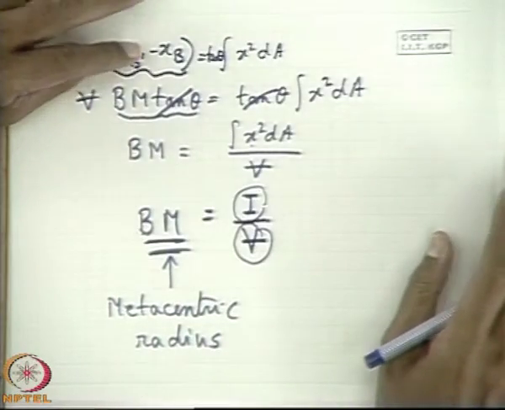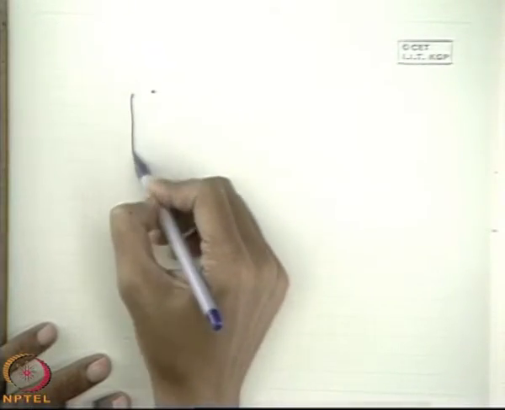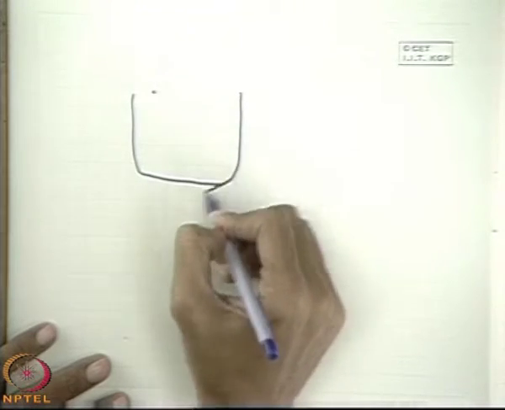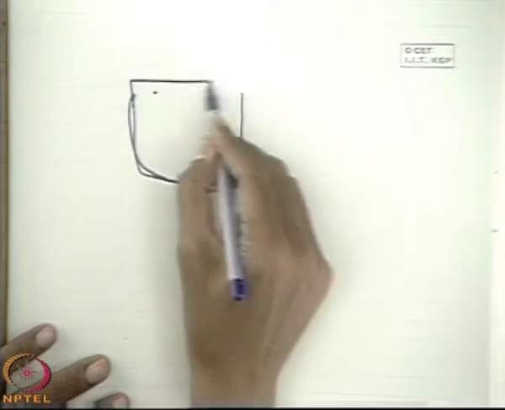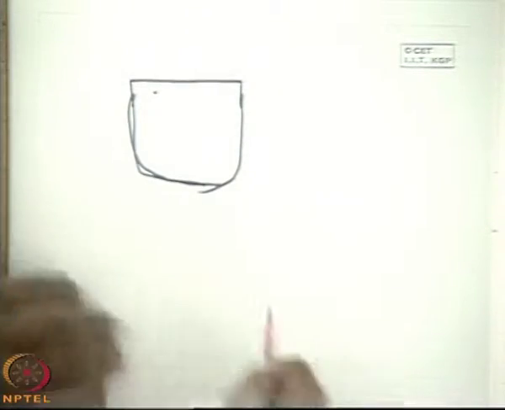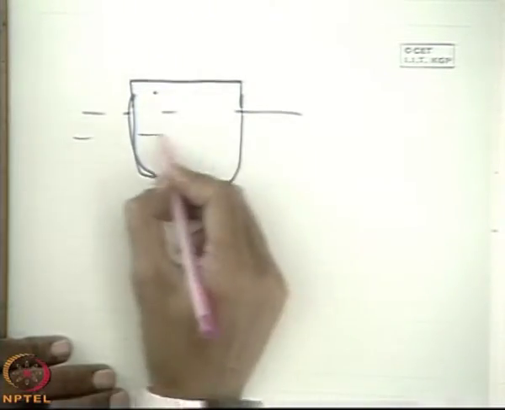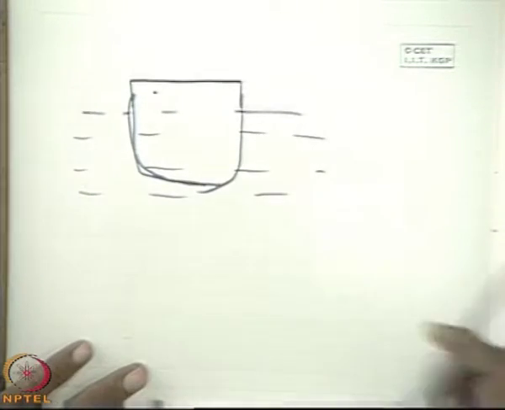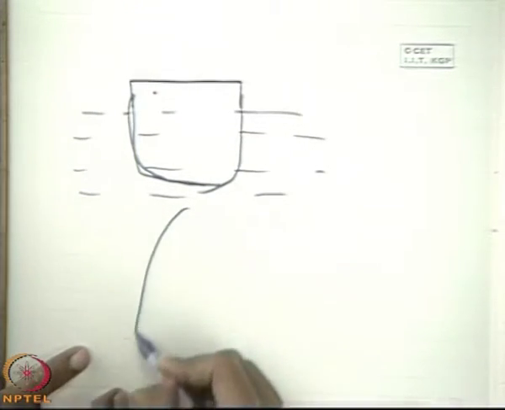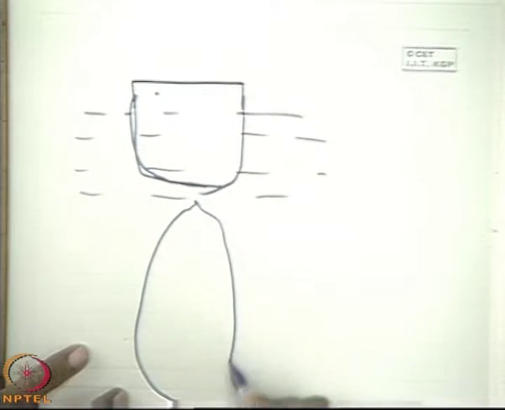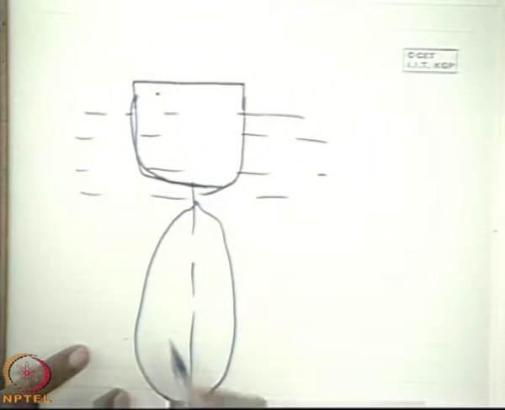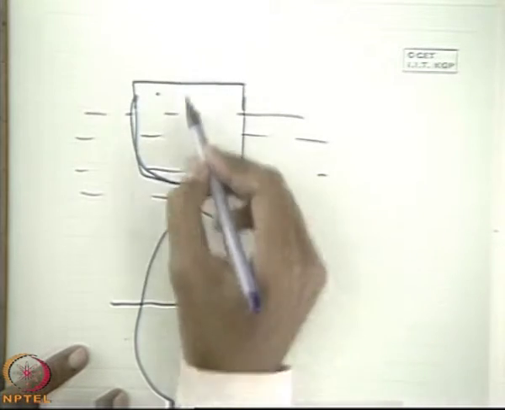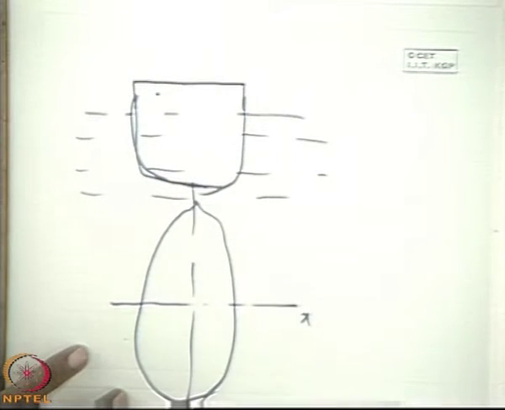Now you see, in case of a ship, if you see the structure of a ship, this is the elevation. If you see its plan, the structure of the ship is such that there may be two axes, a vertical axis and a horizontal axis, let us say x and y.